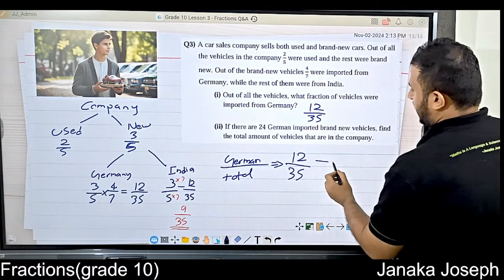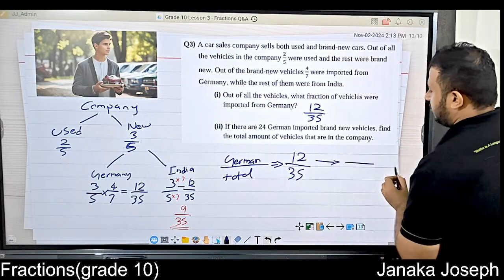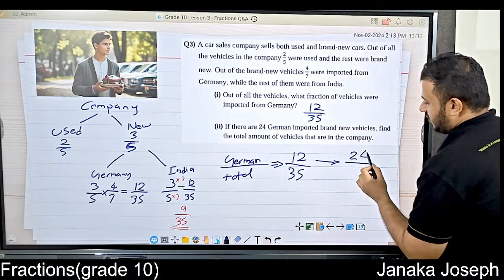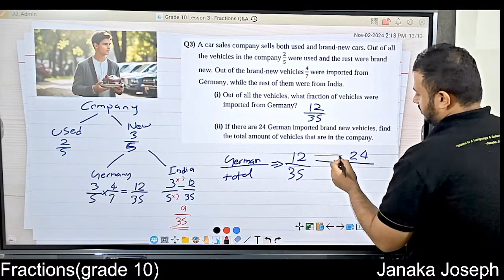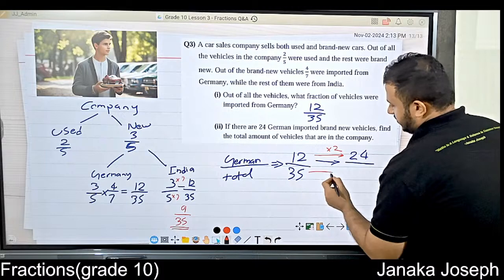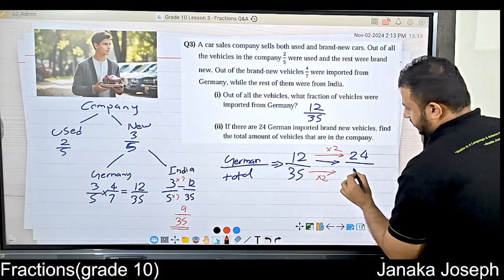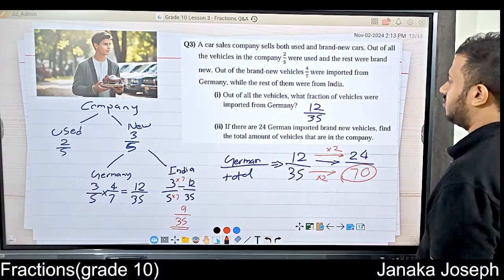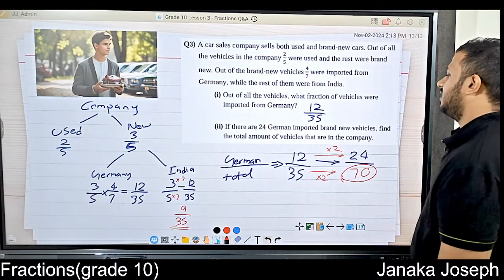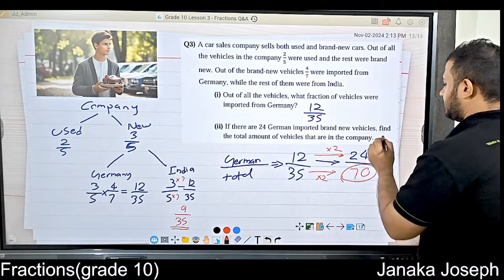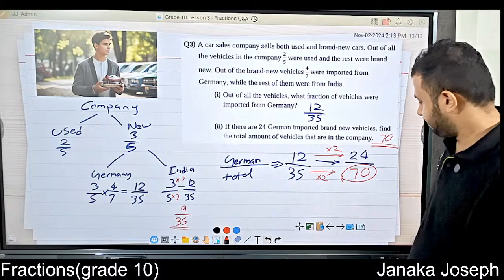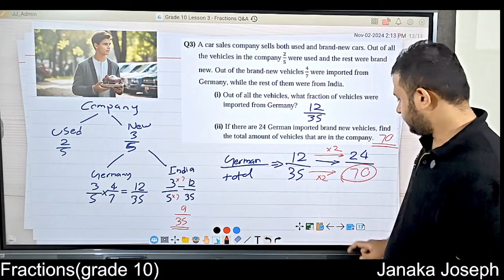But they are saying the German value is not really 12, it's 24. For 12 to become 24, you had to multiply by 2. So here multiply by 2, that's 70. So the total amount of vehicles in the company is 70. 70 vehicles are there in the company. That's it.